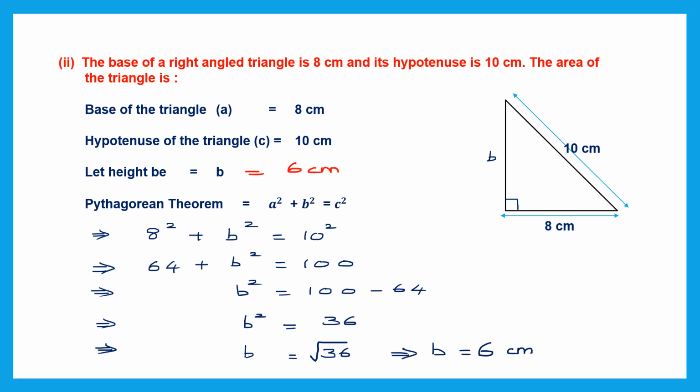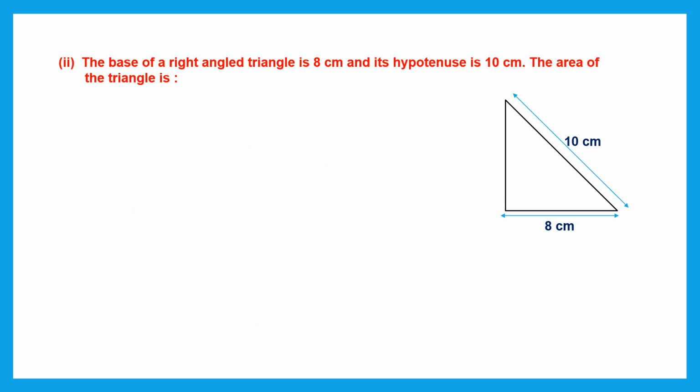Now we can find what we are asked to find, which is the area of the triangle, because now we know the height is 6 centimeters. So let's continue. So here we have the triangle, we have the height, we have this as 6 centimeters, we can write it here. So now we have the base and we have the height.